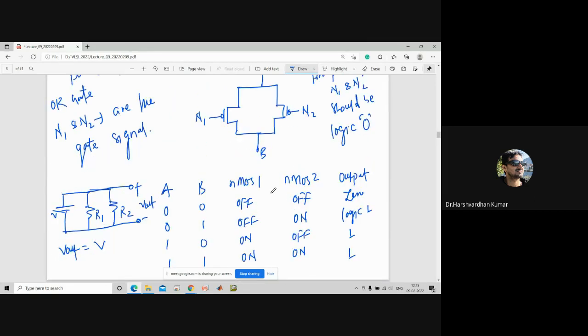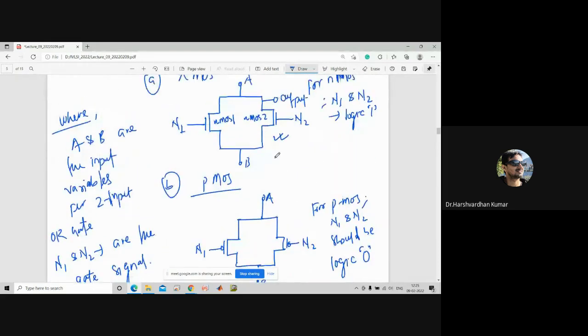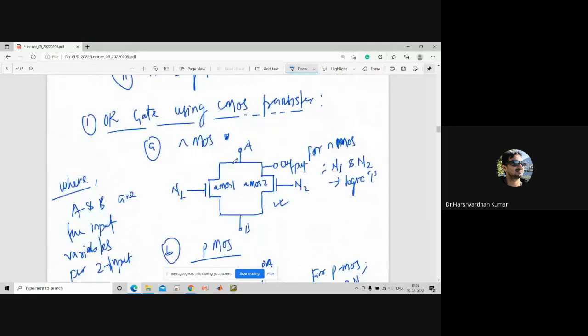So whenever two transistors or two switches are connected in parallel, and if any one of the switches is closed, then you will get something in the output. Okay. So what are the necessary conditions for the NMOS for the OR gate? If you are designing the OR gate using NMOS CMOS transistors, what will be the necessary conditions?